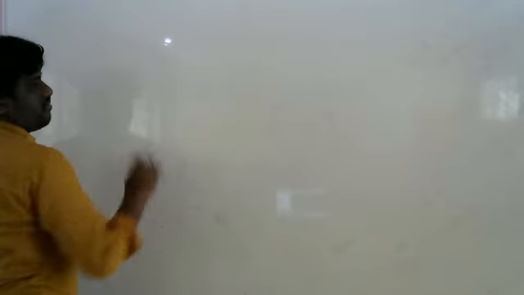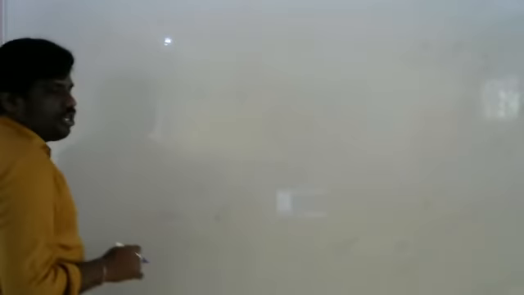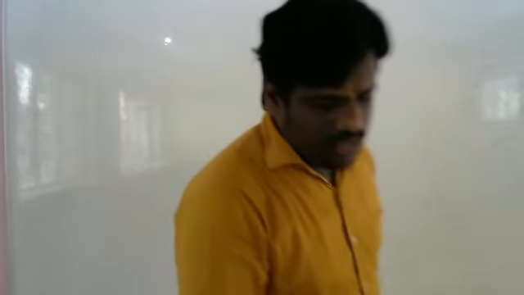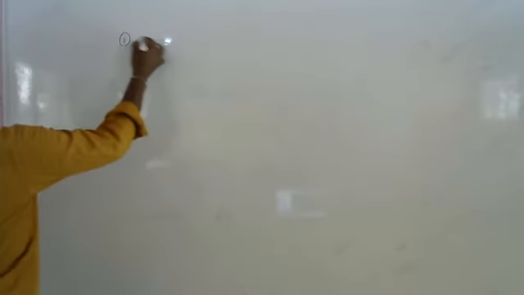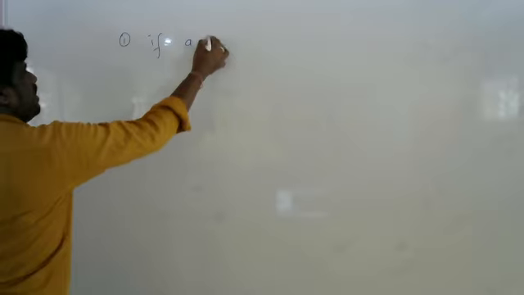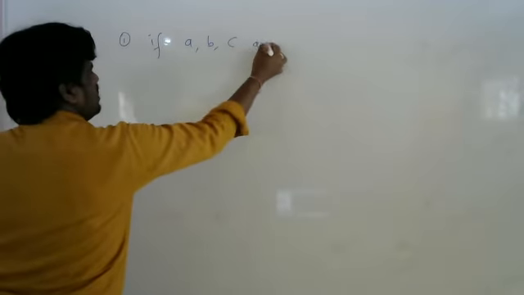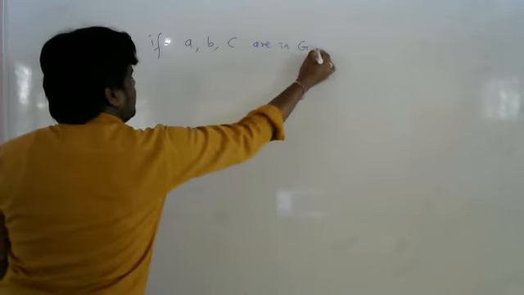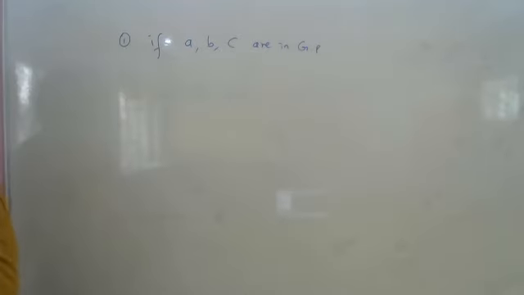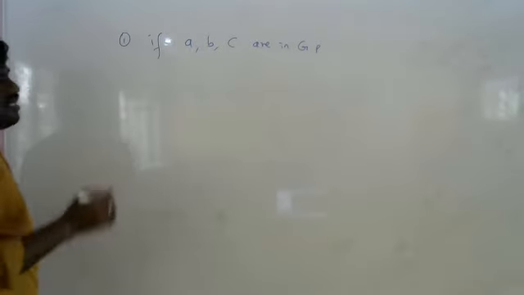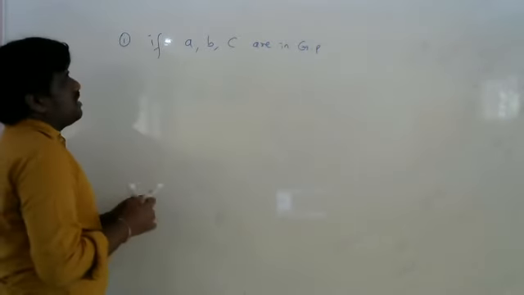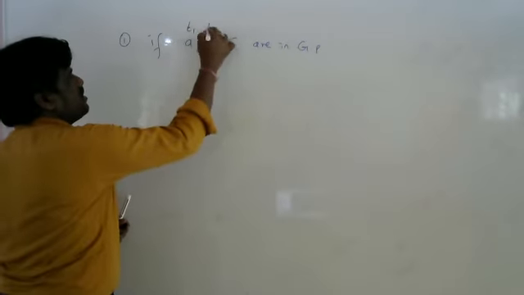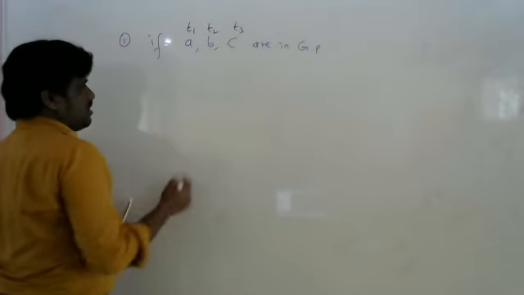So keep the heading: properties of GP, geometric progression. The first property: if A, B, C are in GP, this is T1, this is T2, this is T3.